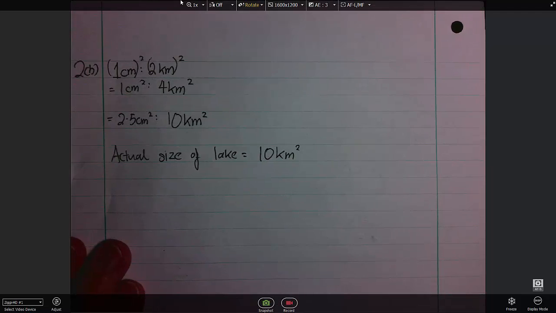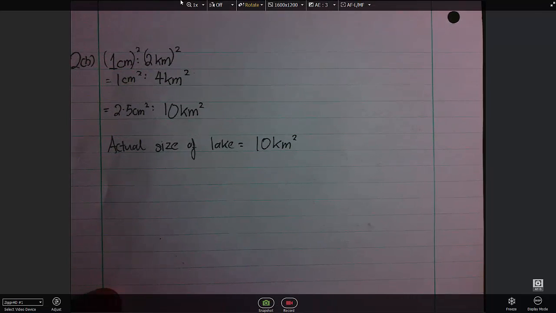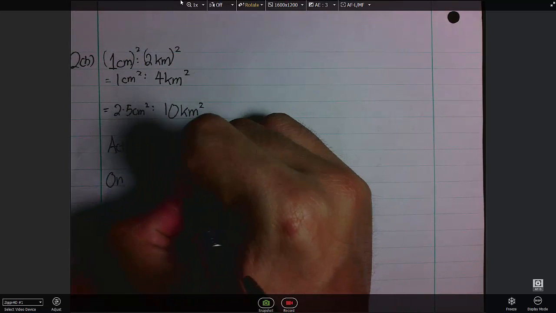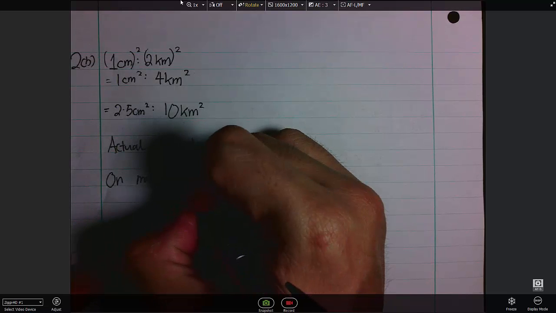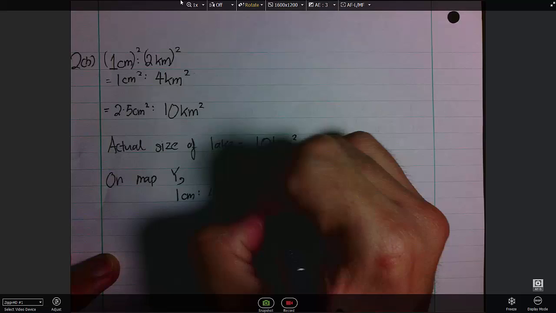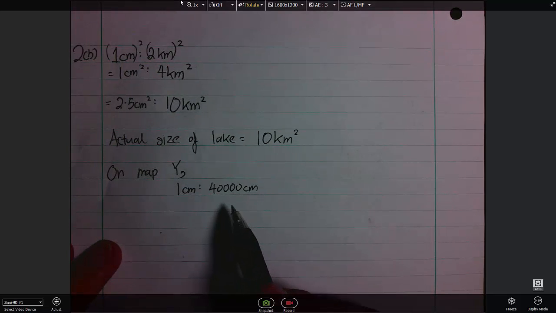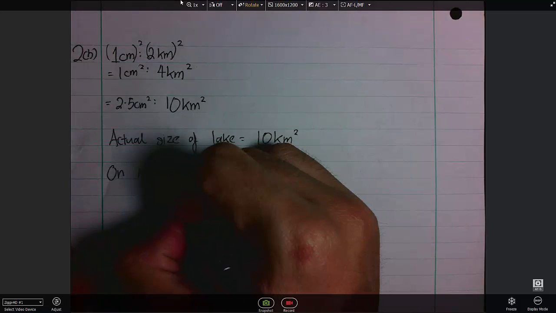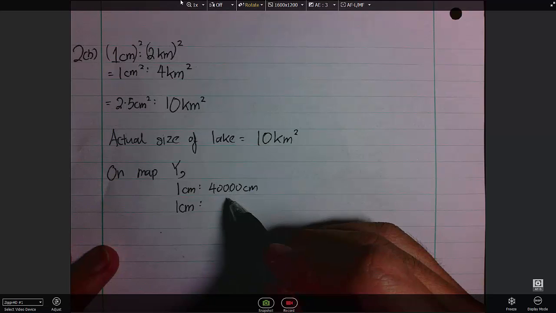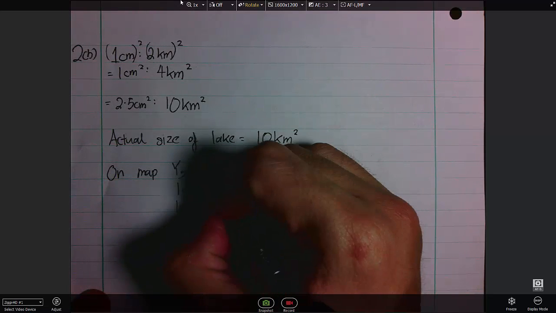Now we have a new one, the map Y, which has a scale of 1 to 40,000. So right here on map Y, 1 cm represents 40,000 cm. In this case I convert cm to km first, if not it's quite difficult for me. I divide by 100 to reach meters, I divide by 1000 to reach km.